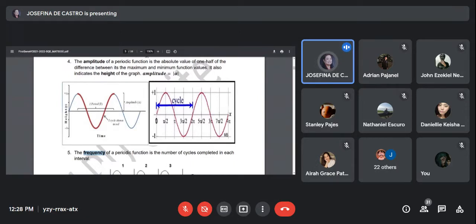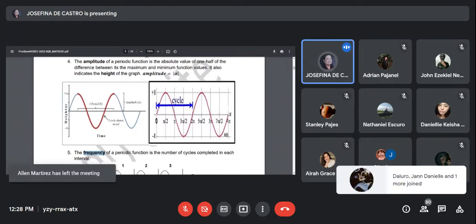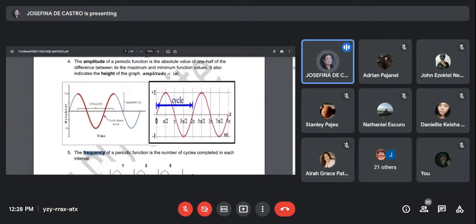So let's say sine 0. Y is equal to sine x. If x is equal to 0, therefore y is also equal to 0, kasi sine 0 is 0. Kaya makikita mo dito sa graph, nag-start siya sa 0, 0 for sine. Okay?